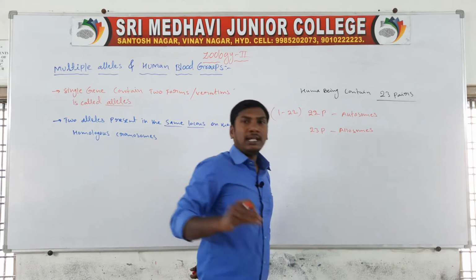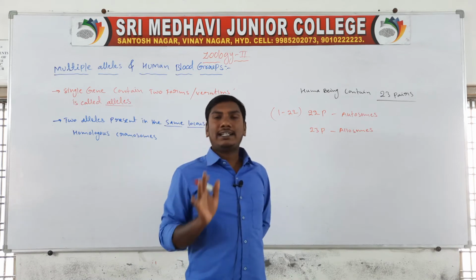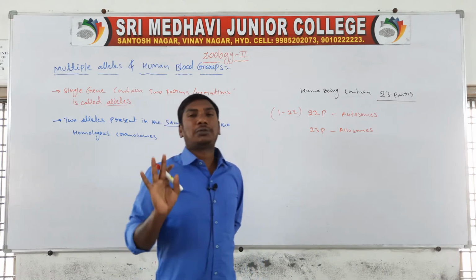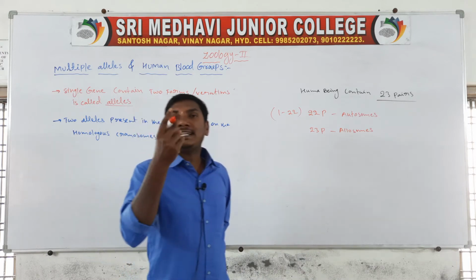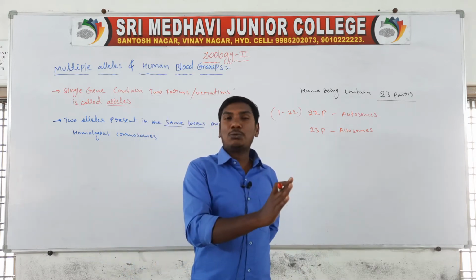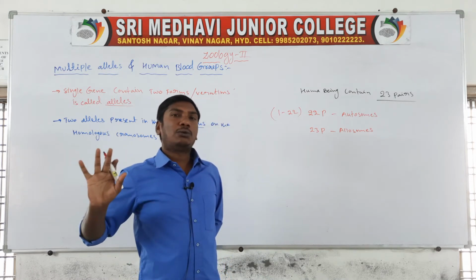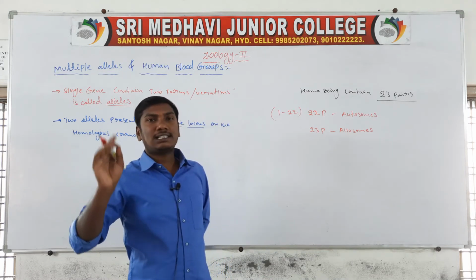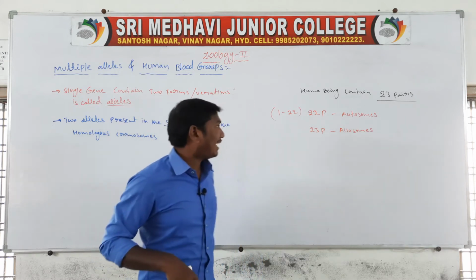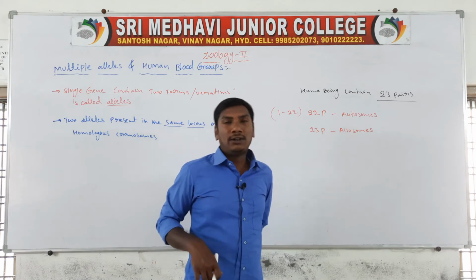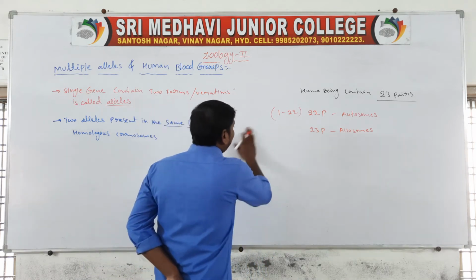So in both male and female organisms, the body contains 23 pairs of chromosomes, of two types.